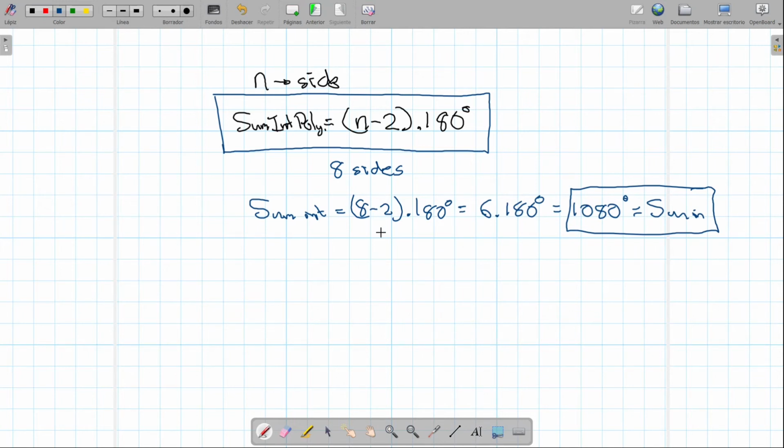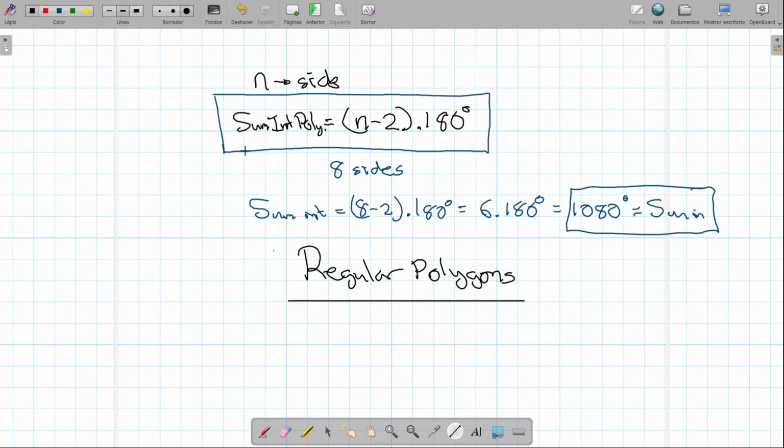So the formula works for regular and non-regular polygons, but it becomes very interesting for a regular polygon because not only can we find the sum of the interior angles, but with that we can also find out what each angle is.